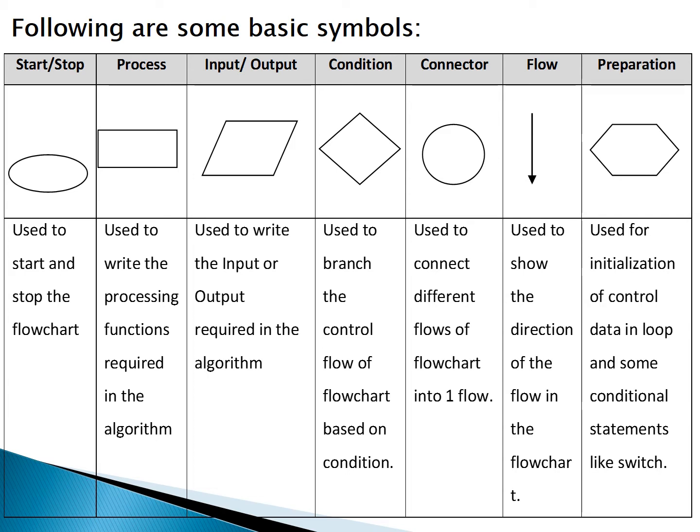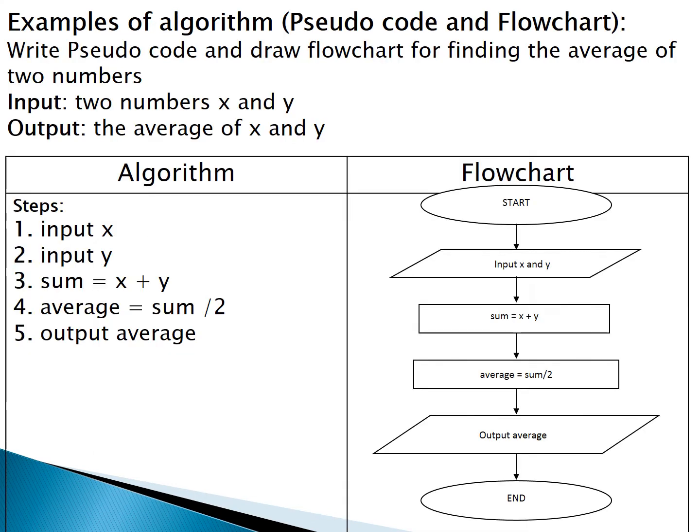Whenever you need to specify any branch, conditional, or control statement, we use the conditional statement symbol. Then we have the connector symbol, used to connect different flows in the flowchart. Then we have the flow arrow, used to show the direction of the flow of our flowchart. Then we have preparation, used to initialize the control data in a loop. This we use. Then let us go with the algorithm and flowchart.